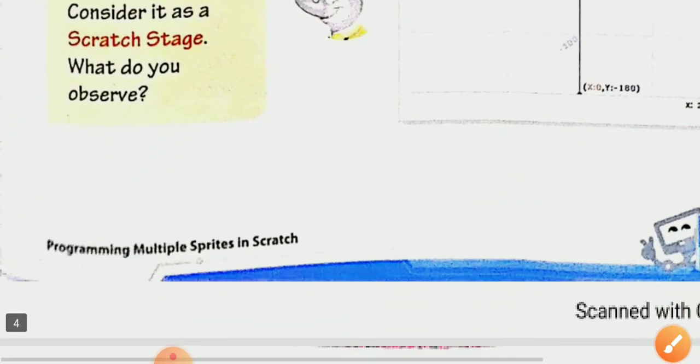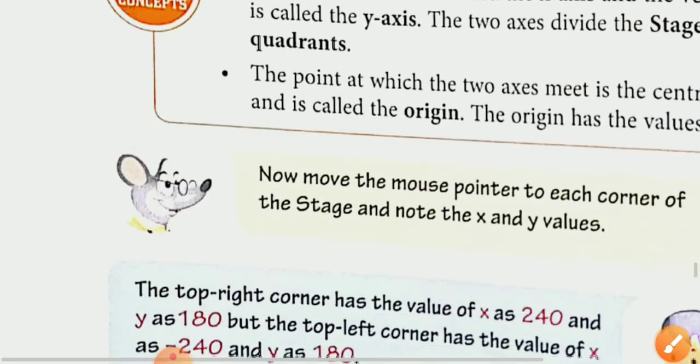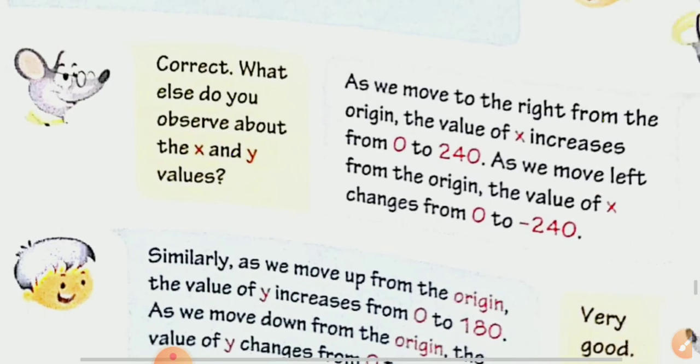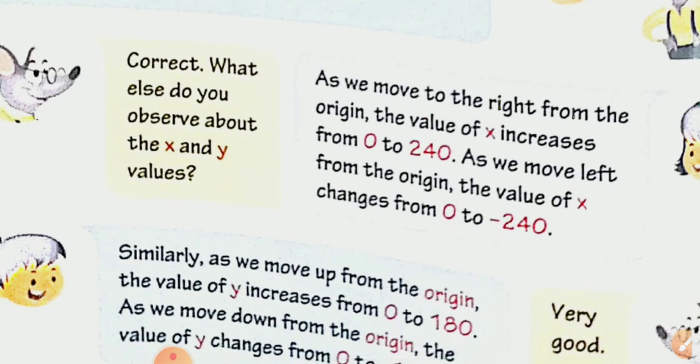Now we move to our current topic. As we move to the right from the origin, the value of x increases from 0 to 240. As we move left from the origin, the value of x changes from 0 to minus 240. It means we can change direction, and the value also changes.